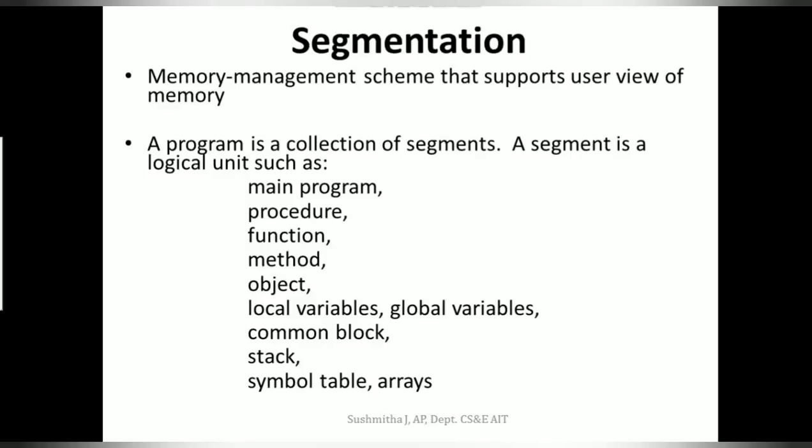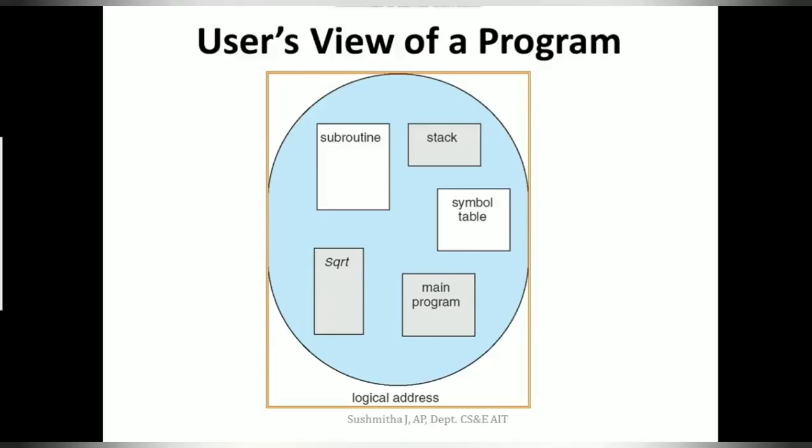So let us just look into how it is. Now this is what it looks like. Your program may have a main program, a subroutine, a stack, a symbol table, a square root function, each with varying size. So that varying size is unevenly allocated.